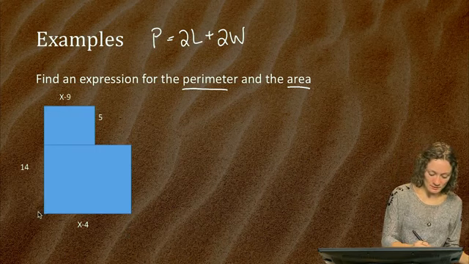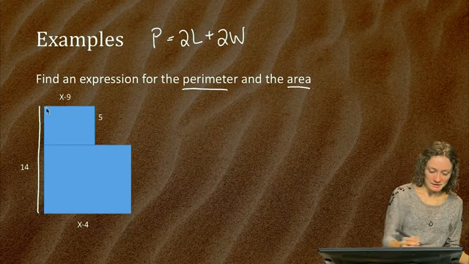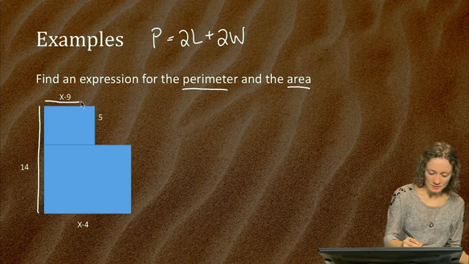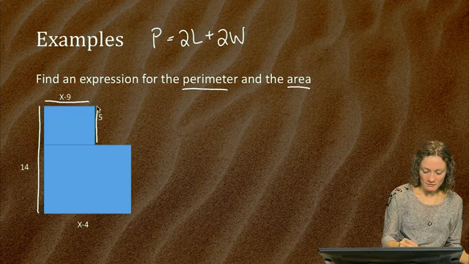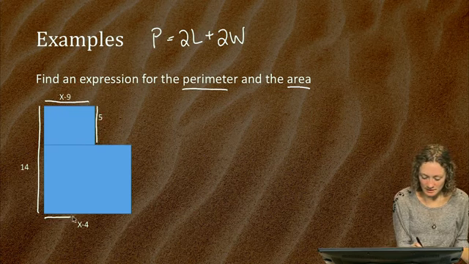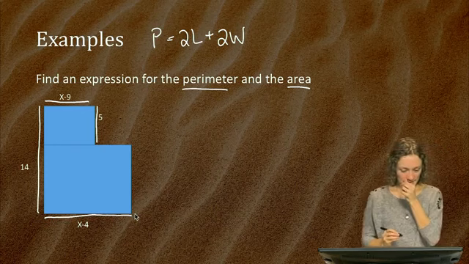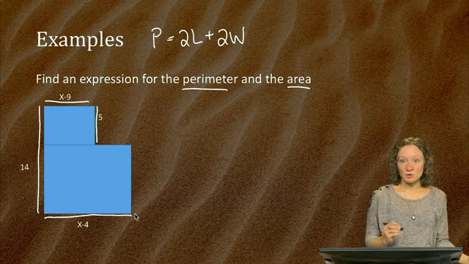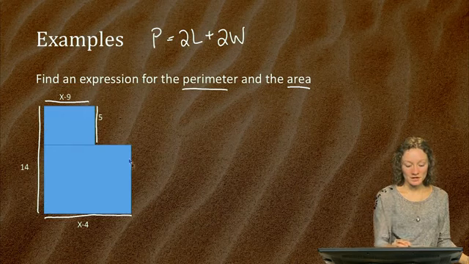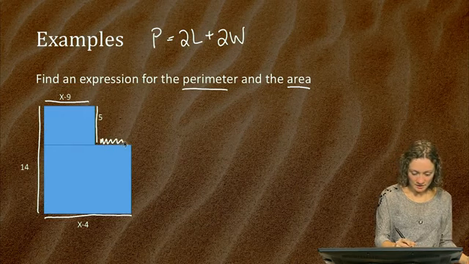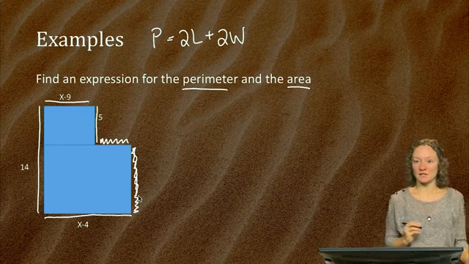So we have 14 representing this side, x minus 9 representing this side, 5 representing this side, and x minus 4 representing this side. So in order to get the perimeter for this figure, we are missing two sides. We need those to be able to add this all together to get the perimeter.